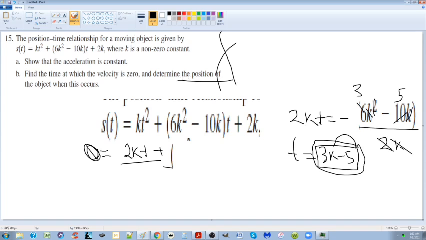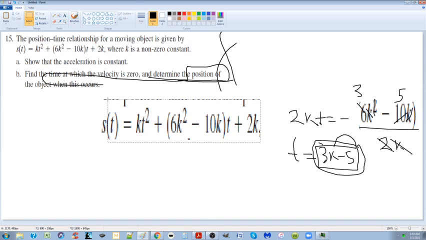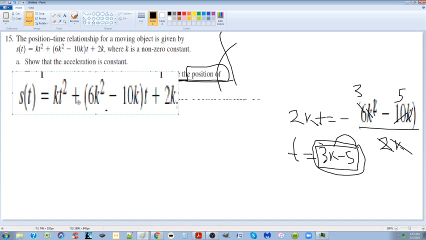And then when you want to answer this part, wherever you see t, there, and there, you would plug in your new time. Okay. So you get k, and you know, I really don't want to bother doing this, but it's just a long expansion.